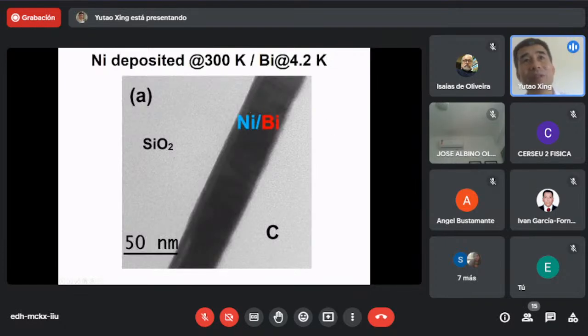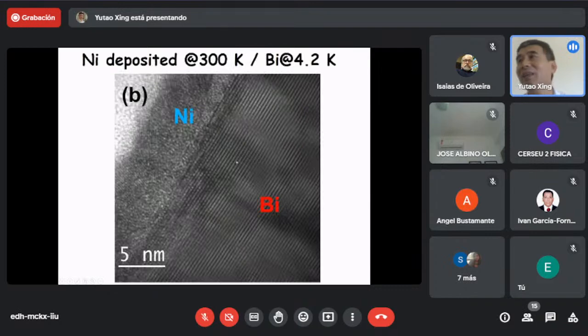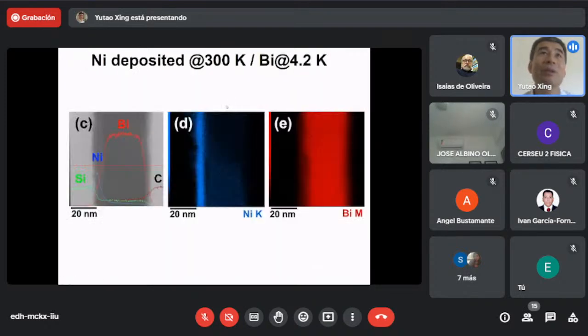Here's our substrate, and this layer here is nickel, and this side is bismuth, and the outside is carbon. And then we can see the high resolution image, and now we can see the nickel here is crystalline nickel, and this side is crystalline bismuth. There's an interface and no superconductivity.